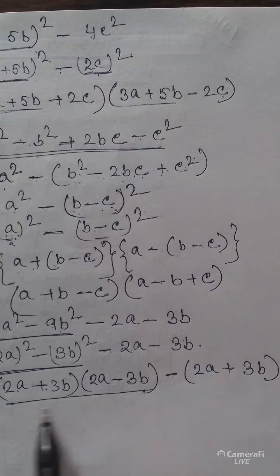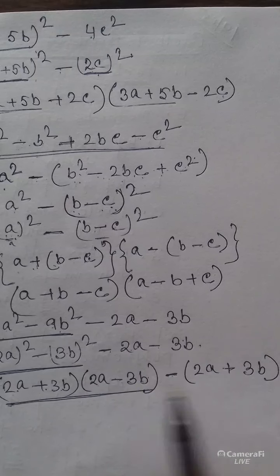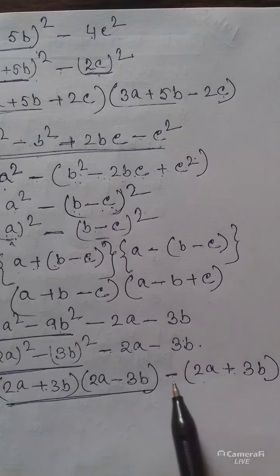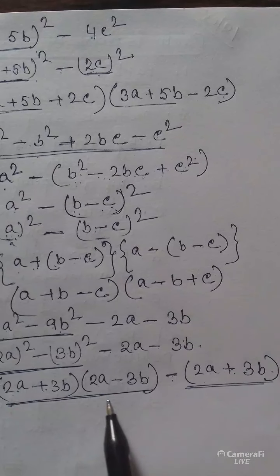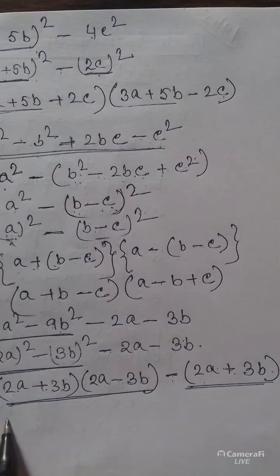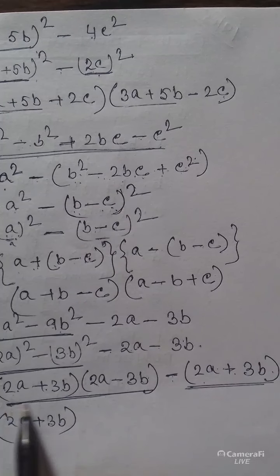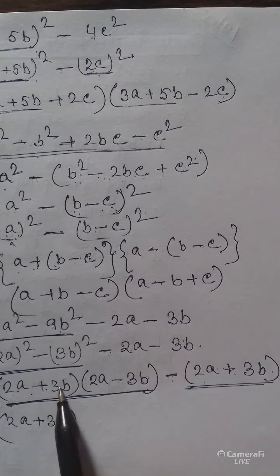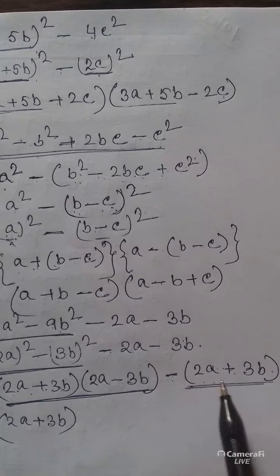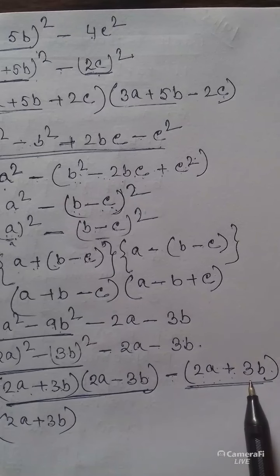This is totally one term, (2a + 3b)(2a − 3b), and this is the second term, −(2a + 3b). Now in both terms, (2a + 3b) is common.